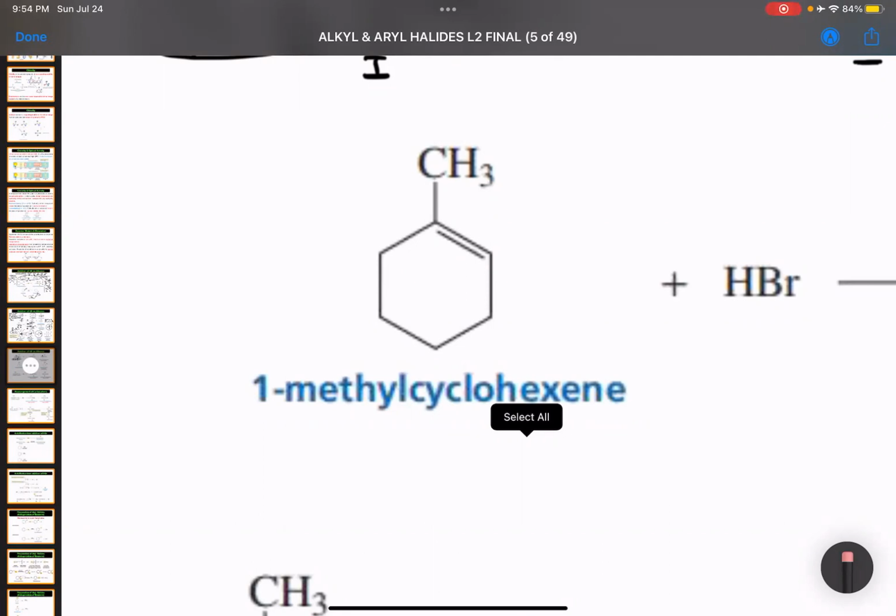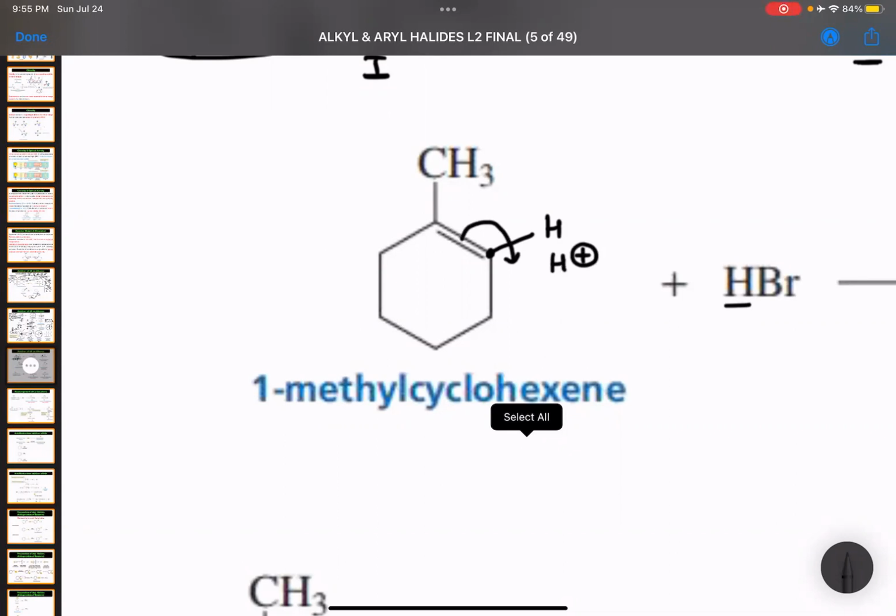H plus, there is already one H. How are you going to make out? Count the number of lines, the number of bonds. So this carbon has 3 lines coming out of it, one is double. Carbon always makes 4 bonds. And if you see 3 bonds, the 4th one is not written, it is hydrogen. So you are going to attach the H plus coming out of HBr on this carbon atom.